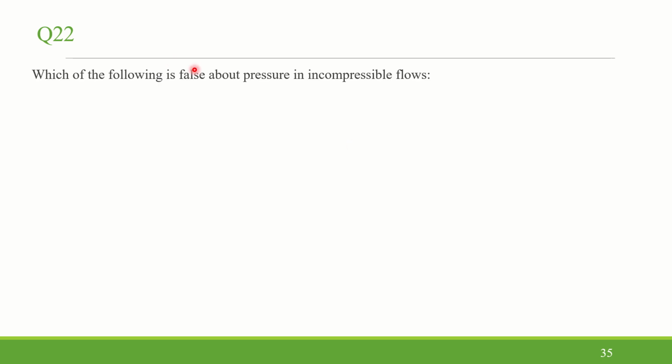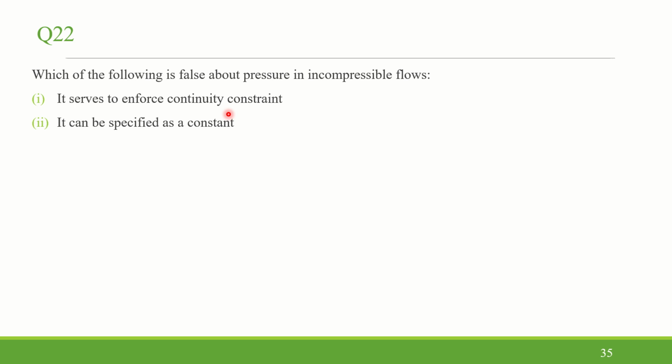Which of the following is false about pressure in incompressible flows? Option 1, it serves to enforce the continuity constraint. Second one, it can be specified as a constant.